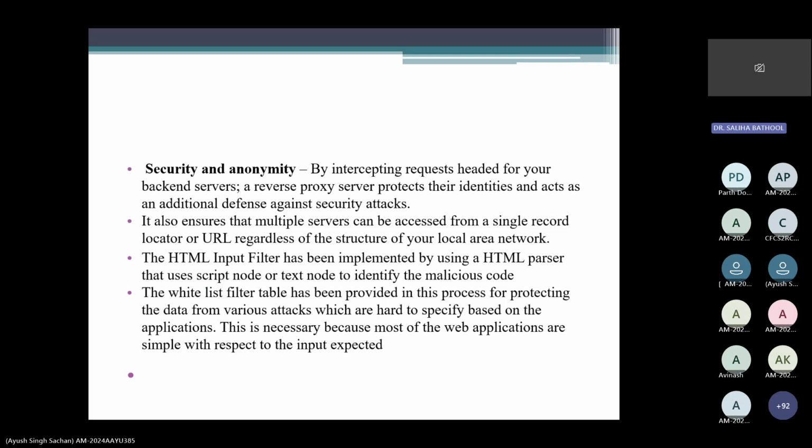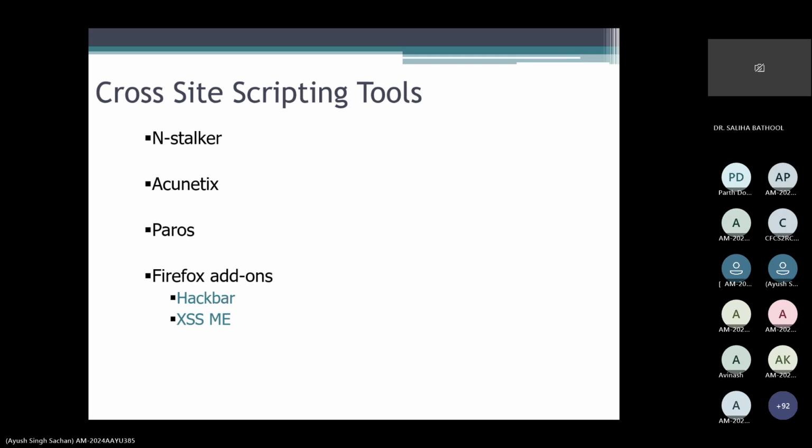So every time we need to validate and encode those data inputs, which helps us improve security. I think many of you have gone through tools which are helpful in securing and protecting scripts. N-Stalker, Acunetix, Paros, Firefox: these are the tools which have been used for all kinds of attacks and for protecting against them.